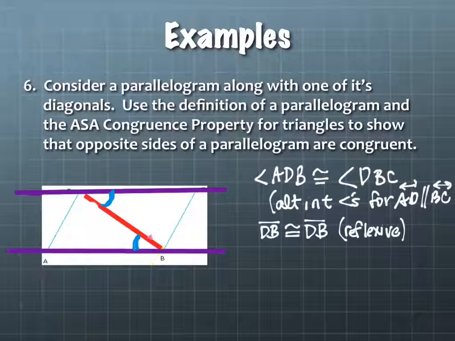CDB, I think. Is that how it's labeled? Okay. And they're congruent because they're alternate interior angles of parallel lines, right? So let's write those down. So now I've got angle ABD congruent to angle CDB.